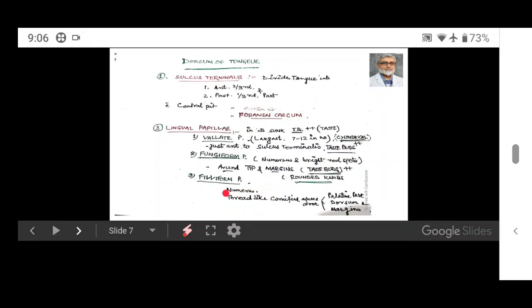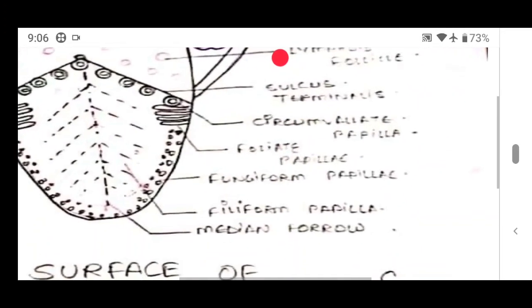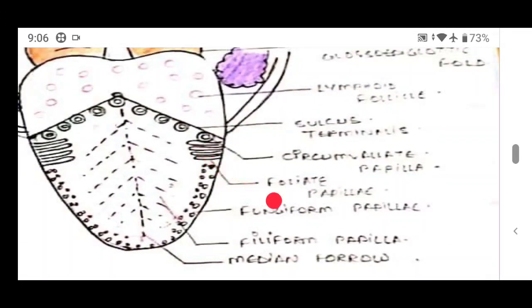Dorsum of the tongue. It is more important, and I can show you clearly the dorsum of the tongue with specific features. The dorsal surface of the tongue is divided into two parts, 2/3 anteriorly and 1/3 posteriorly, by a linear line.